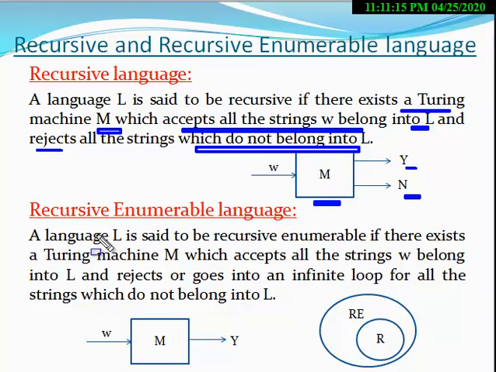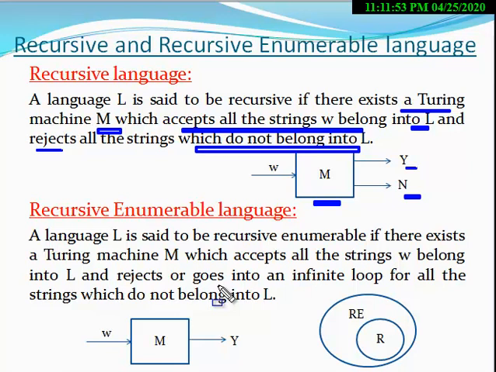Now we come to the second definition, recursive enumerable language. A language L is said to be recursive enumerable if there exists a Turing machine which accepts all the strings belonging to L and rejects or goes into an infinite loop for all the strings which do not belong to L, right?